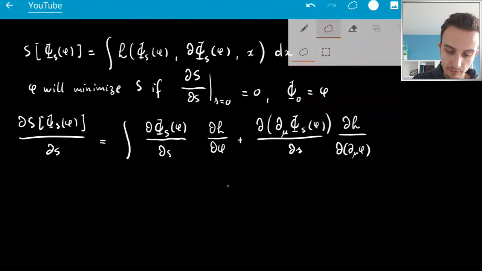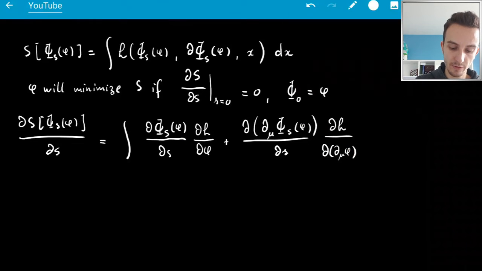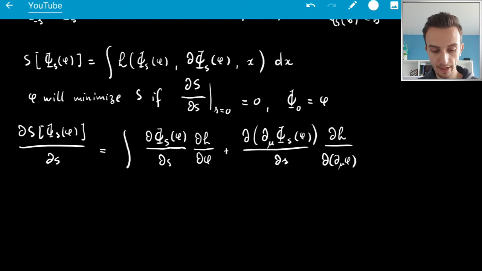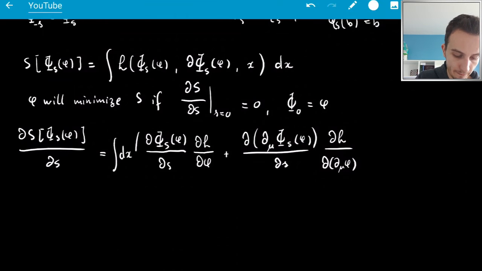Okay, and maybe I just put this a bit to the left. So the x is just integrated over, it's a coordinate. It does not get affected by this variation, by this s. So I don't need to differentiate the last argument. Maybe I put dx here to save space.